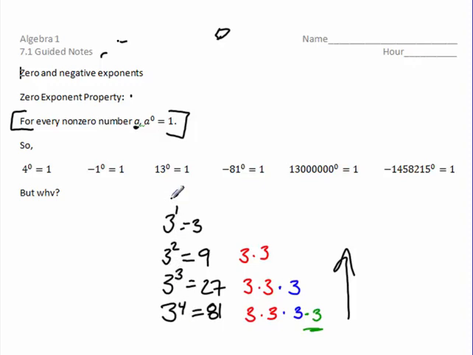Closer to 0. So then we have this kind of issue of, well, what happens when we do 3 to the 0 power? Well, patterns should maintain, and as they do, we find out that 81 divided by 3 is 27. 27 divided by 3 is 9. 9 divided by 3 is 3. So 3 divided by 3 is 1.